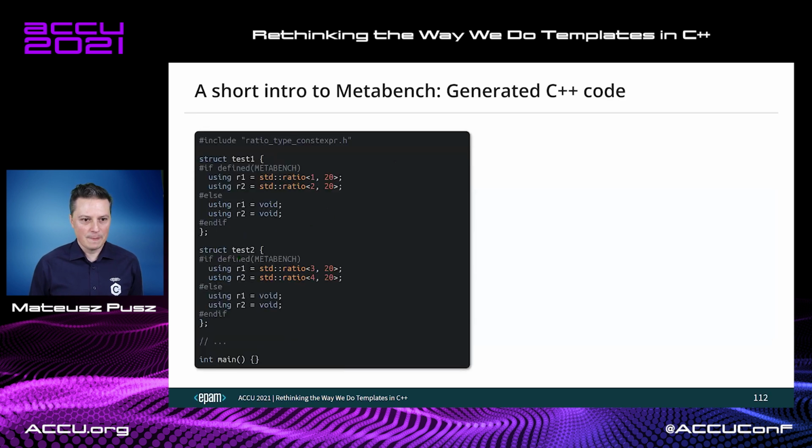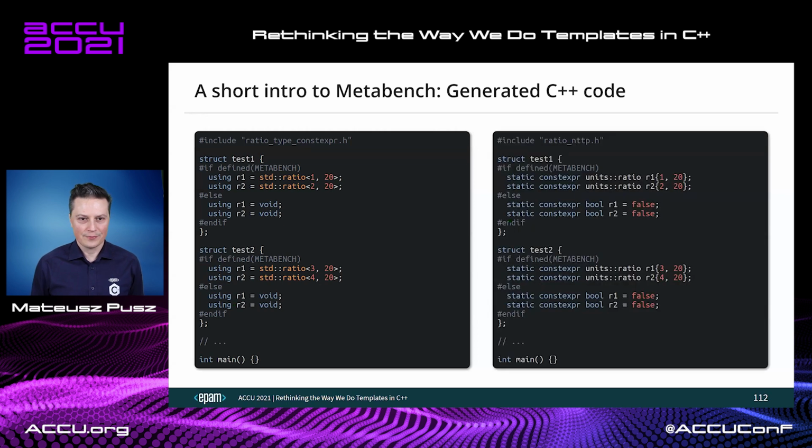This is what we can type, and this is what gets generated by MetaBench. Actually, both of them are generated by MetaBench. Sorry. This is generated by MetaBench for types, so we are going to compare std ratio, and also we are going to compare mile ratio, that's NTTP, so non-type template parameter.